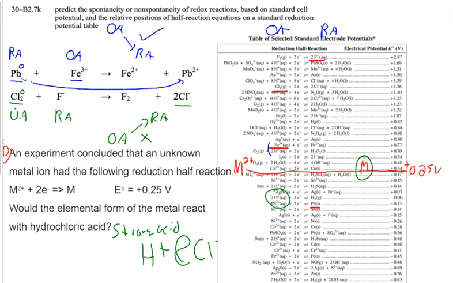There's H plus. Now H plus is our OA, and it is uphill to our new or undefined metal. We don't know what it is, but we know where it is on our table, and it would not spontaneously react. You could put hydrochloric acid into a container made out of this new metal, and it would be totally fine. It's a non-spontaneous reaction.